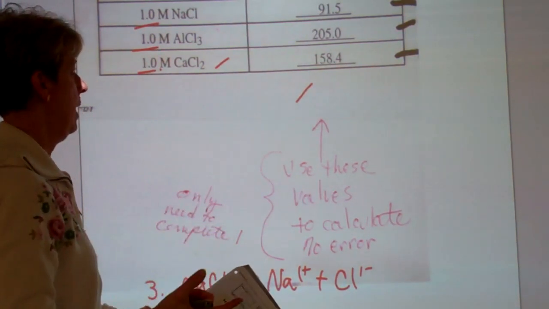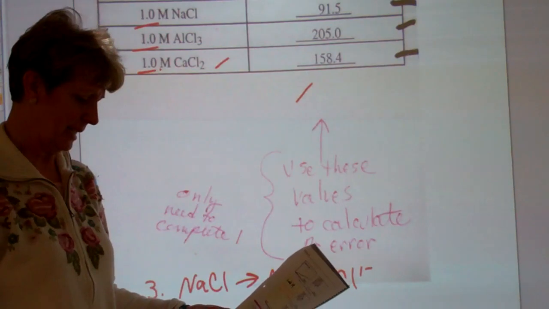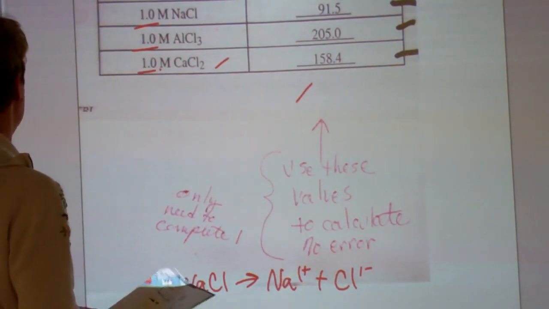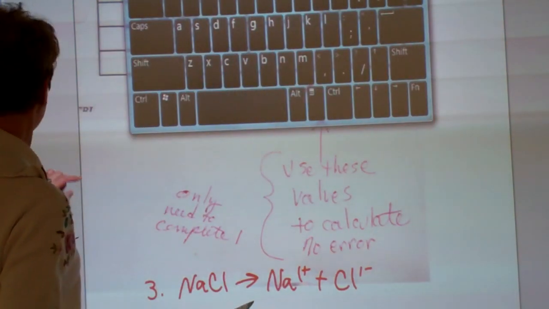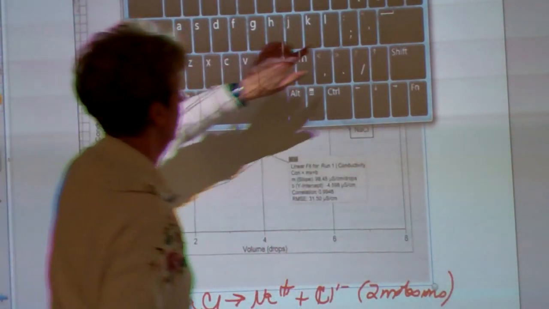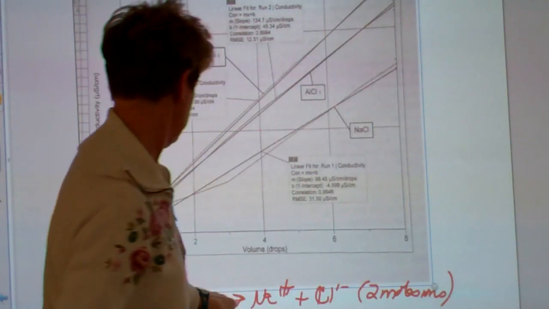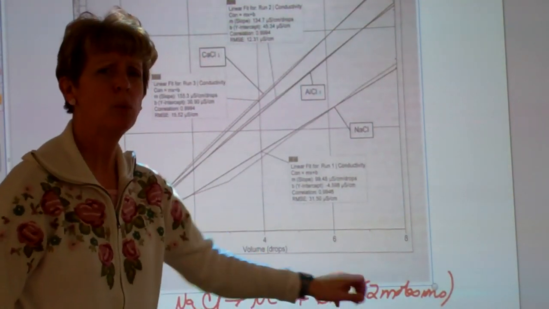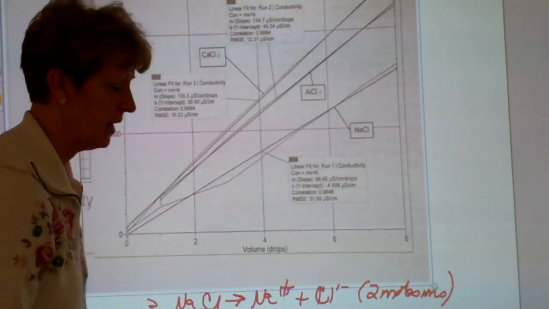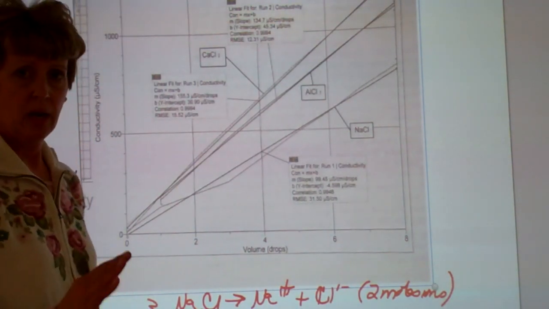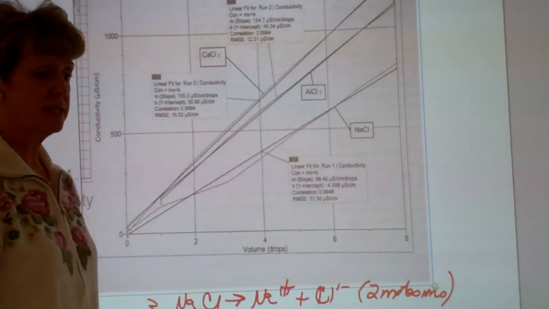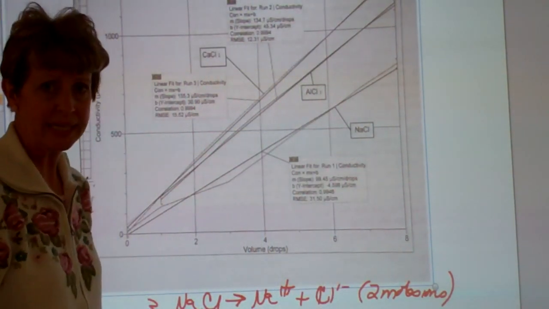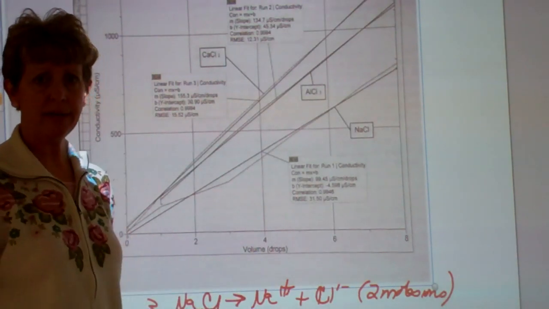So again, why would there be a difference in conductivity? When you answer this question, you probably want to include your answer to number 3, and that would be how many moles of ions were in the various ones. So that helps us write up Lab 14, Labquest Lab 14.